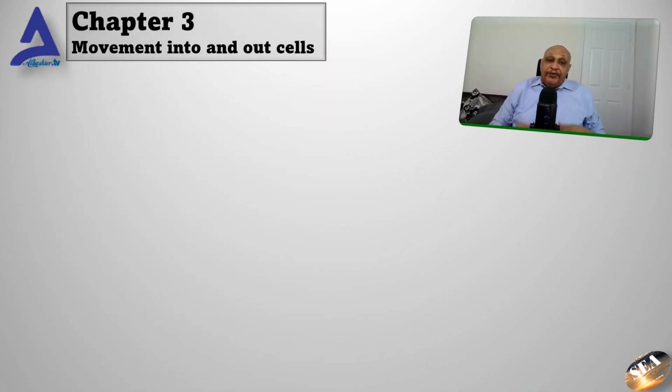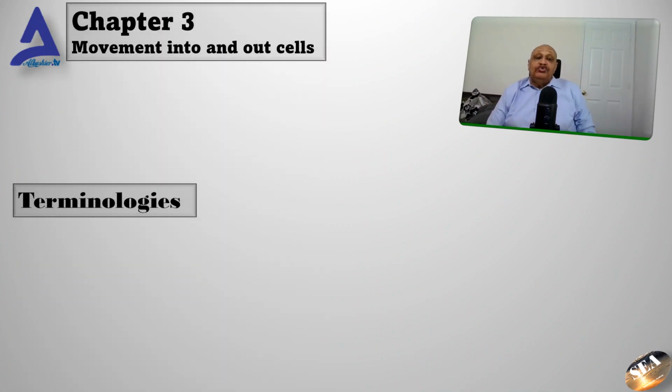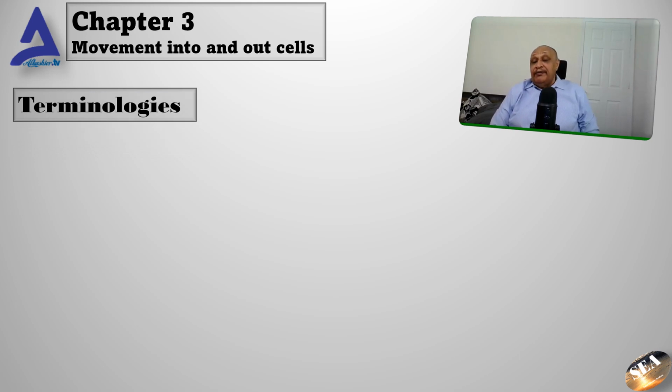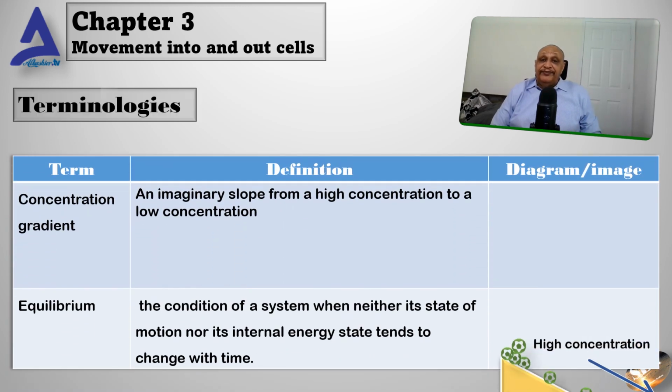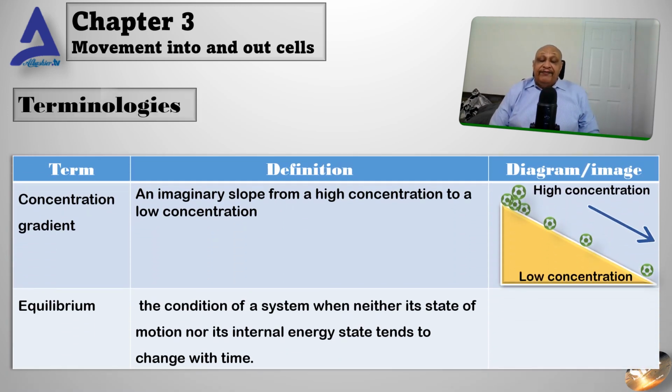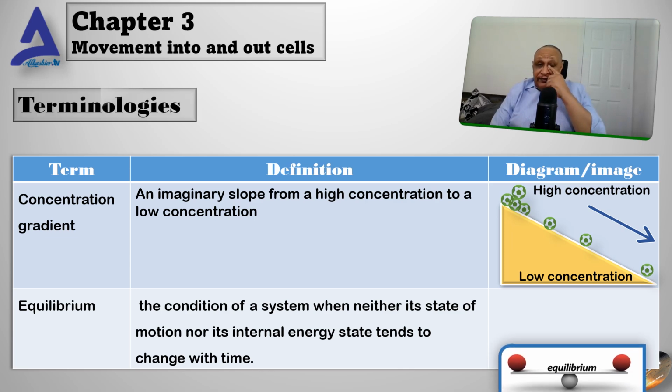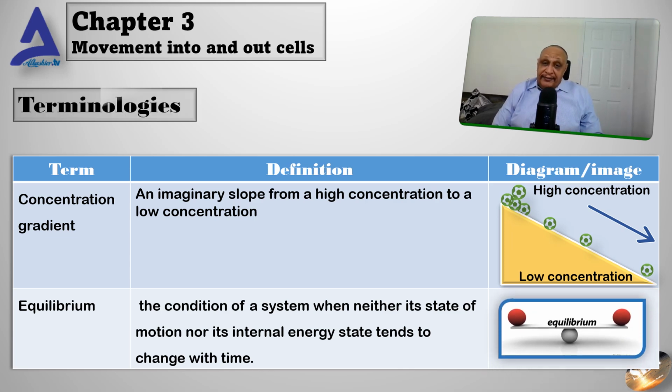So before we proceed, we would like to take care of some terminologies, because they are going to appear every now and then. The first one is the concentration gradient. A concentration gradient is an imaginary slope from a high concentration to a low concentration.